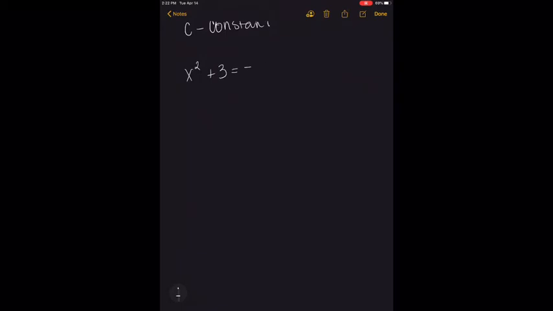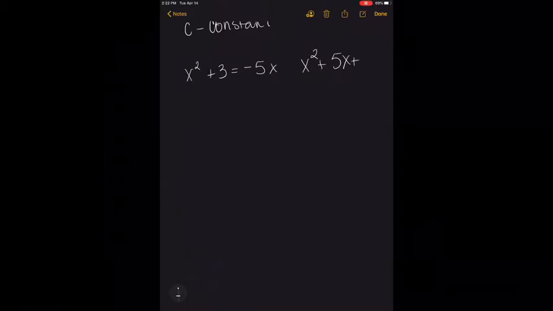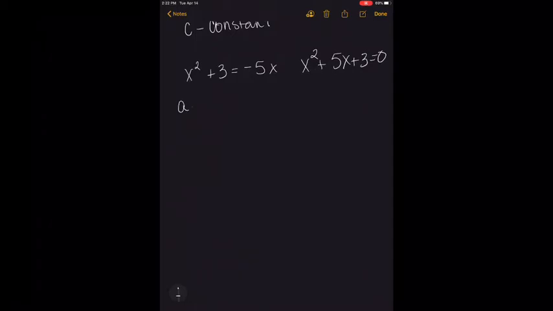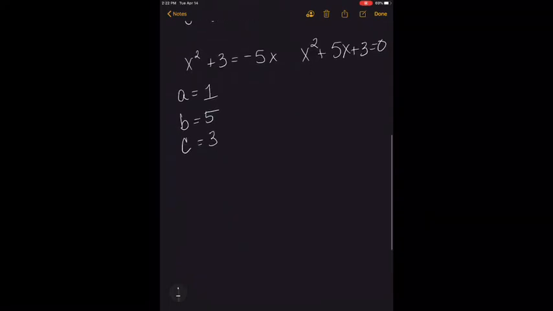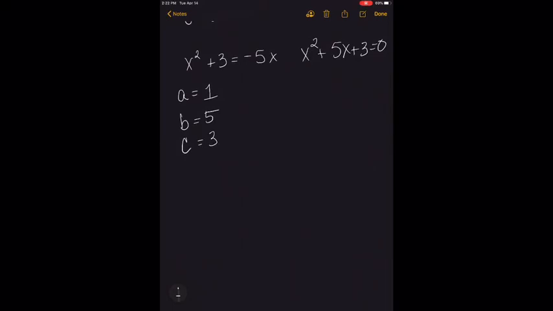We have this equation, x squared plus 3 equals negative 5x. First step, write it in descending order of the variable. So we write it as x squared plus 5x plus 3 equals 0. So a is 1, b is 5, and c is 3.